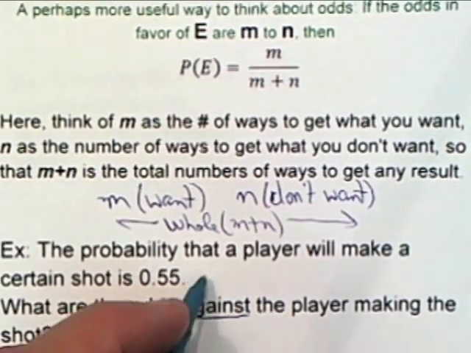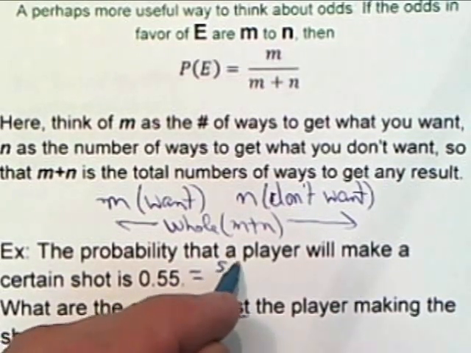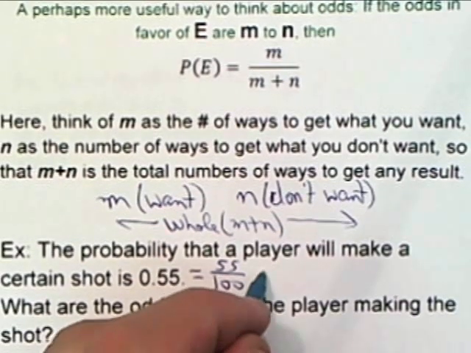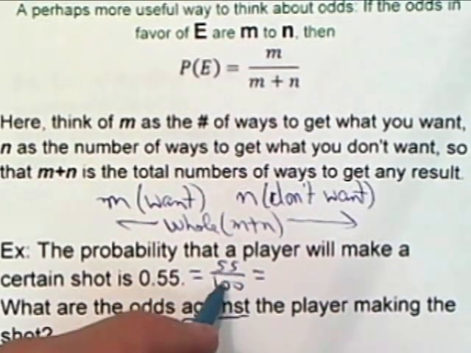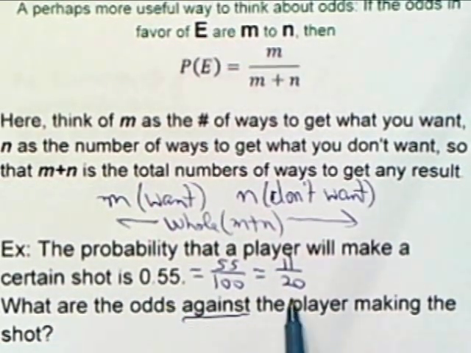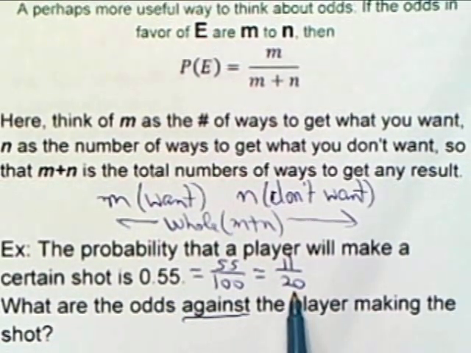Well, that's not hard here, because 0.55 is 55/100ths, which reduces by 5 top and bottom to 11 over 20. So even though it started out as a decimal, I converted it to a fraction.